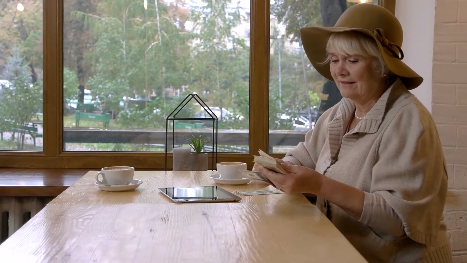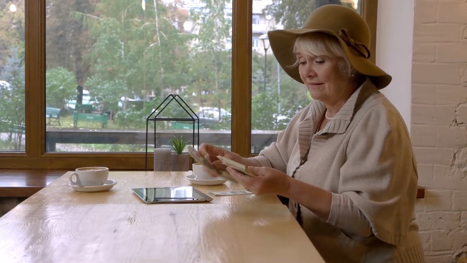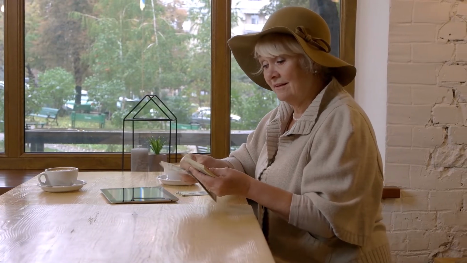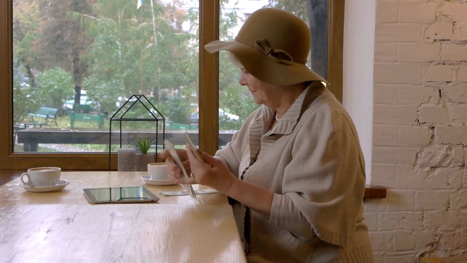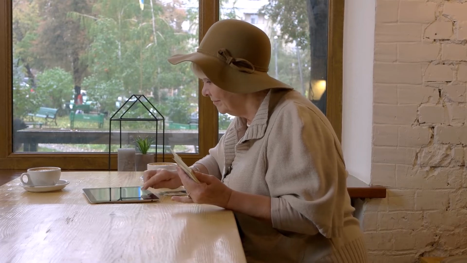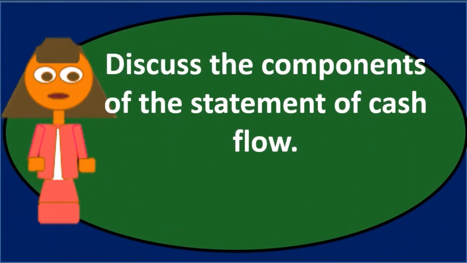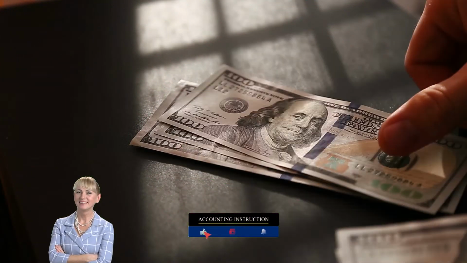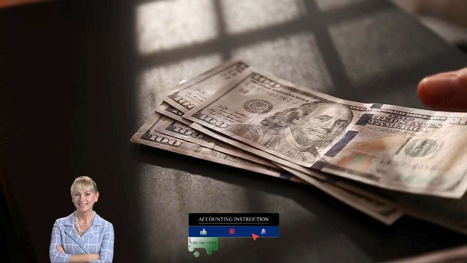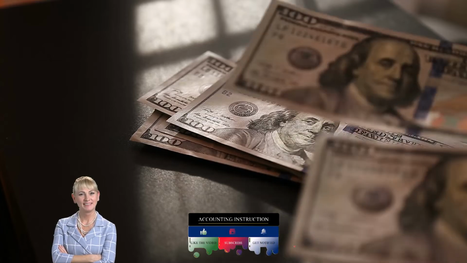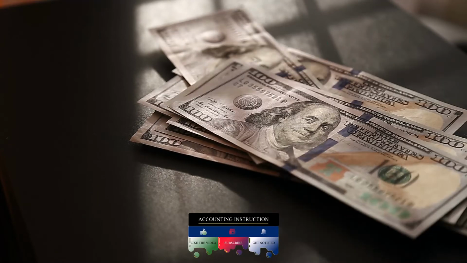So then we have the financing activities, and financing activities typically have to do with us financing the company in some way, getting the money in some way other than normal operations like sales, and in some way other than selling investments. How would we do that? Typically through liabilities, notes payable, bonds payable, or through owner investments.